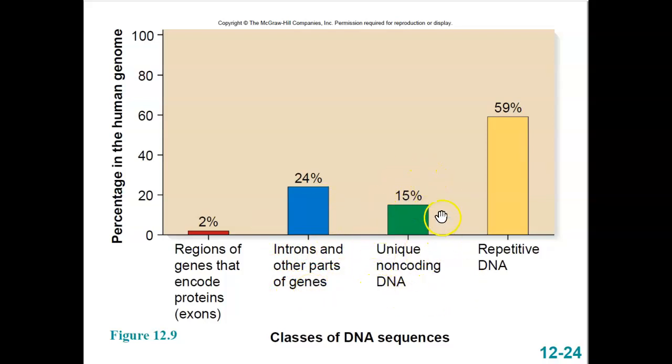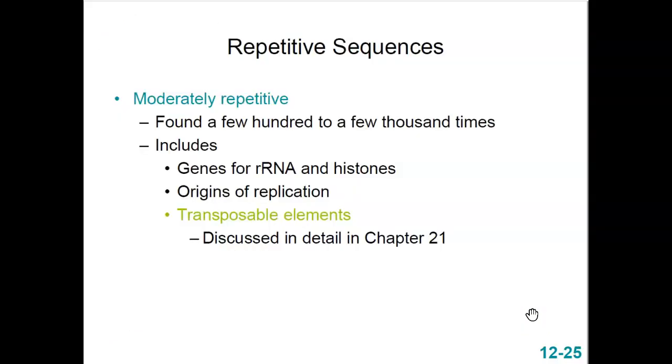Unique non-coding DNA, these are usually regulatory regions, which we'll get to later. 59% of our genome is made up of repetitive DNA, stuff that doesn't code for or regulate gene sequences. So, only about 40% of our genome is responsible for expressing who and what we are. And that's pretty astonishing if you think about it.